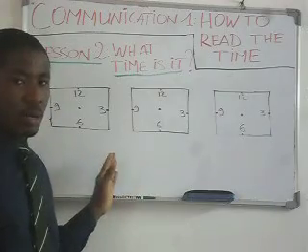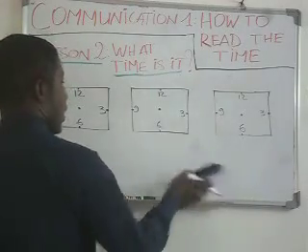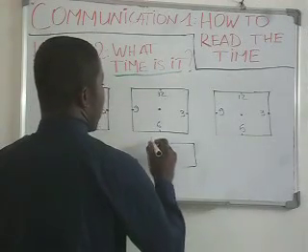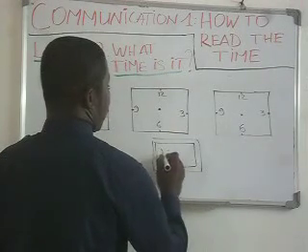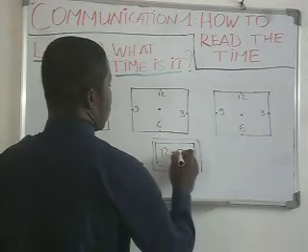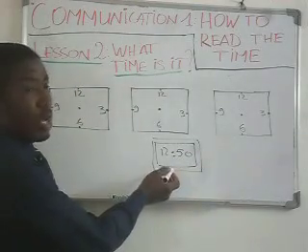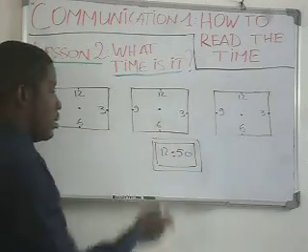For example, this is an example of a numeric clock. All right. So this is a numeric clock as opposed to analog clocks, right?